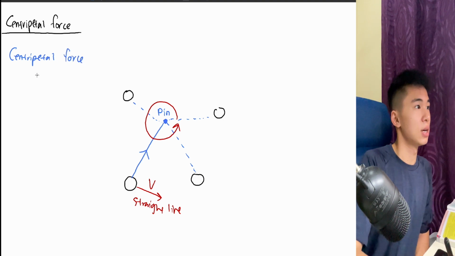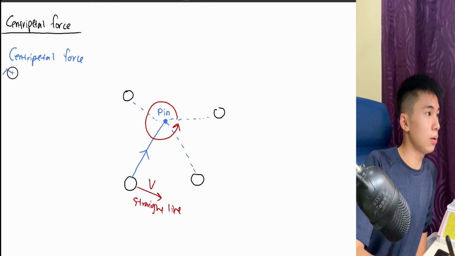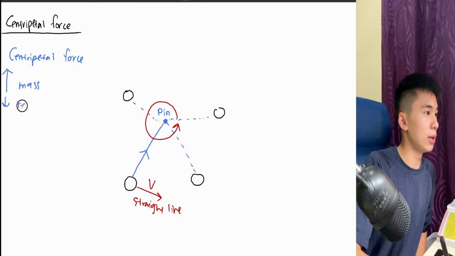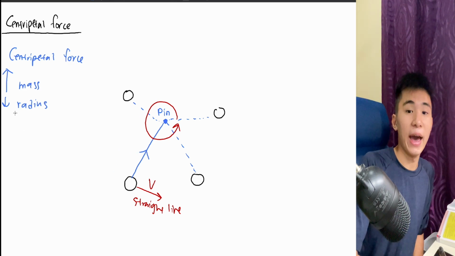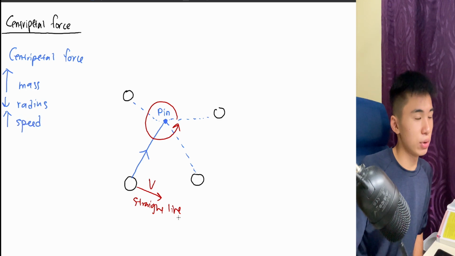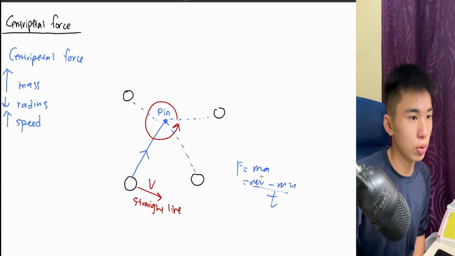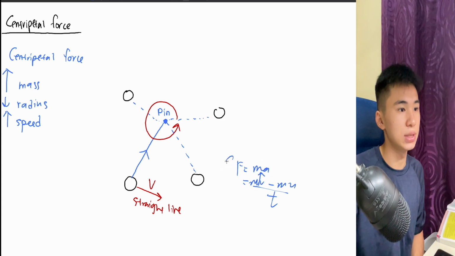If you want to increase the centripetal force, we could increase the mass of the object, or decrease the radius, which is the length of this string, or increase the speed of the straight line motion, because F equals ma and (mv minus mu) over t. We could increase the velocity in this case, so we will have a greater resultant force.